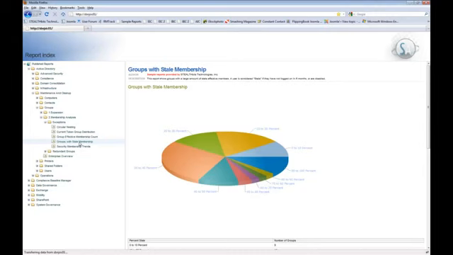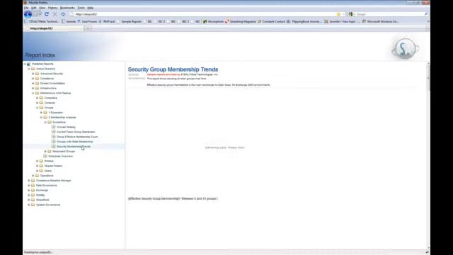So a first part is really looking at how many groups are out there that have users that haven't logged into my environment in a really long time. By cleaning up and purging these, again, that is going to help feed the process of identifying redundant groups and cleaning these things up in the environment.